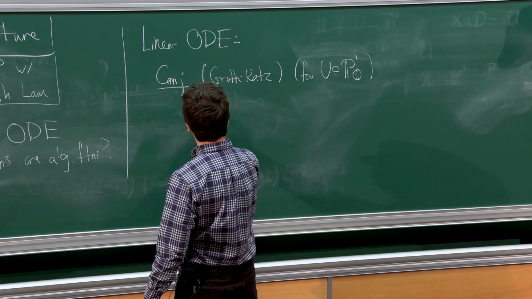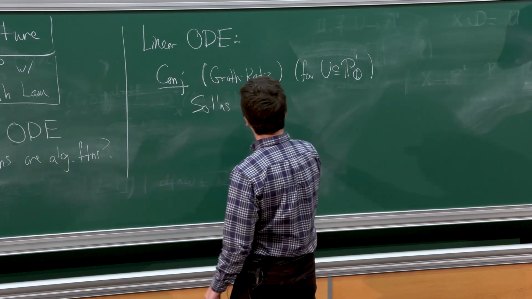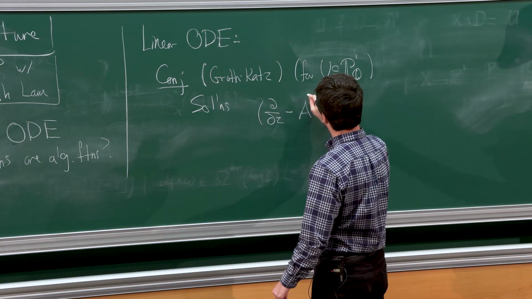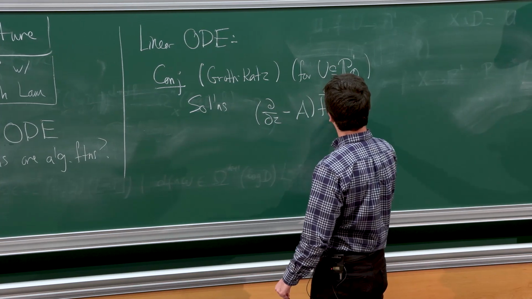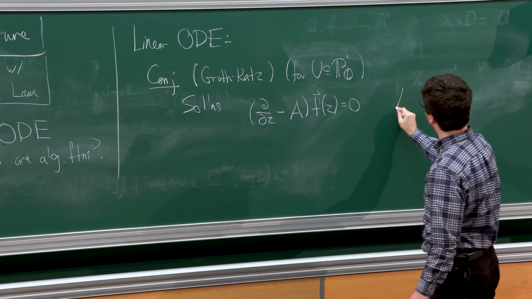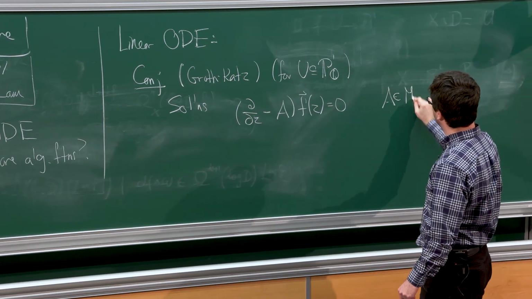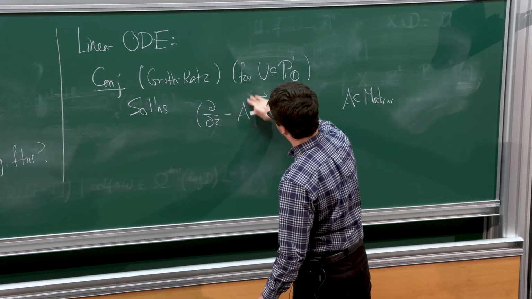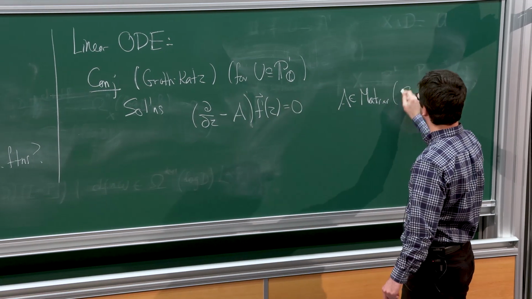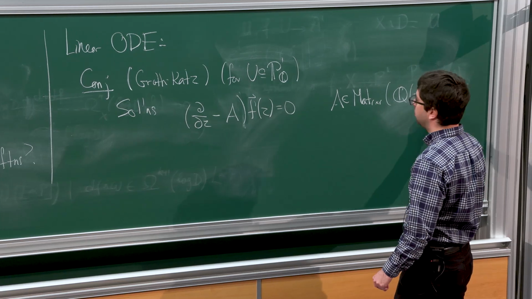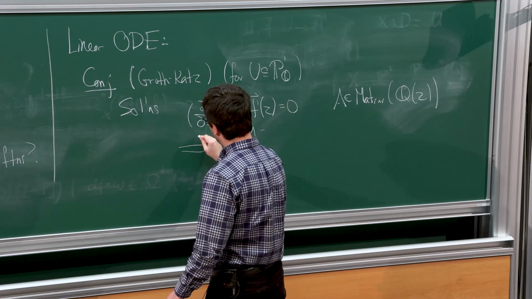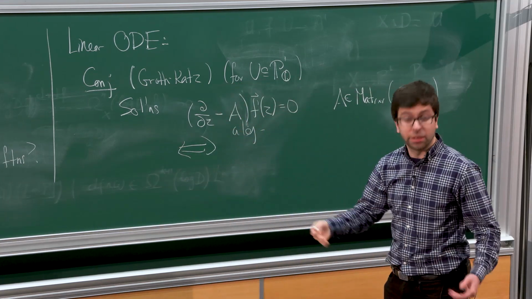The solutions to the ODE d/dz minus A applied to f of z equals 0, and here A is an r by r matrix of rational functions, are algebraic if and only if some arithmetic condition is satisfied.